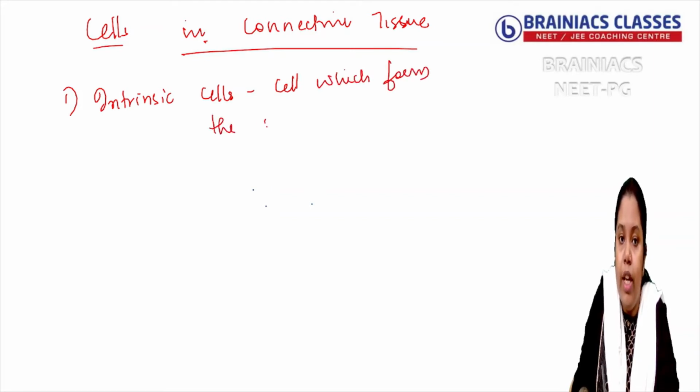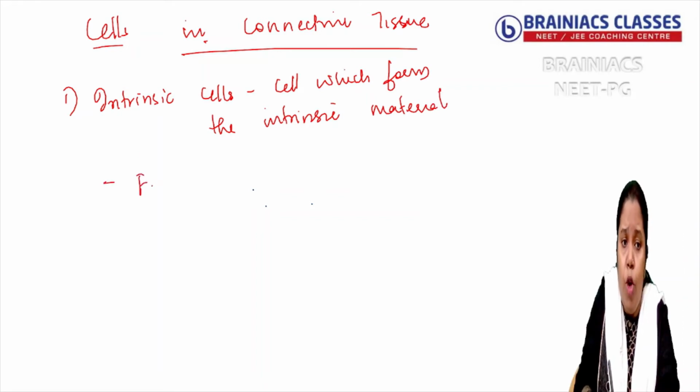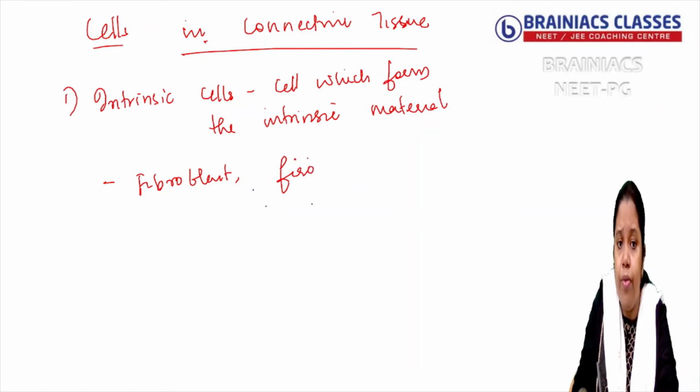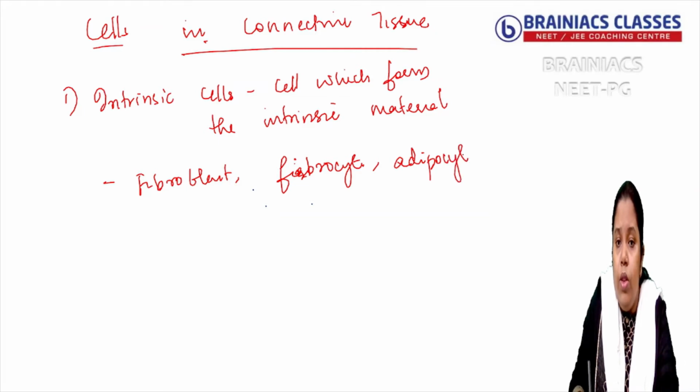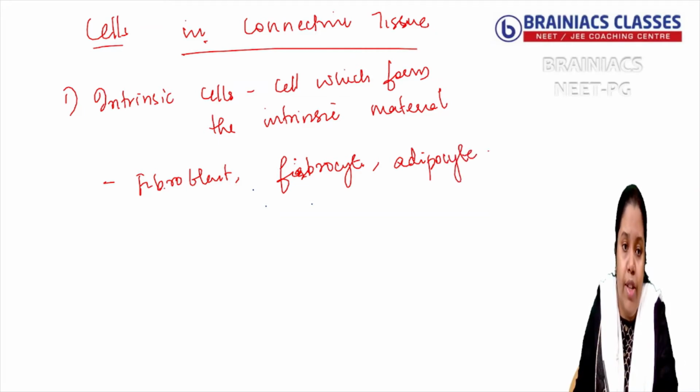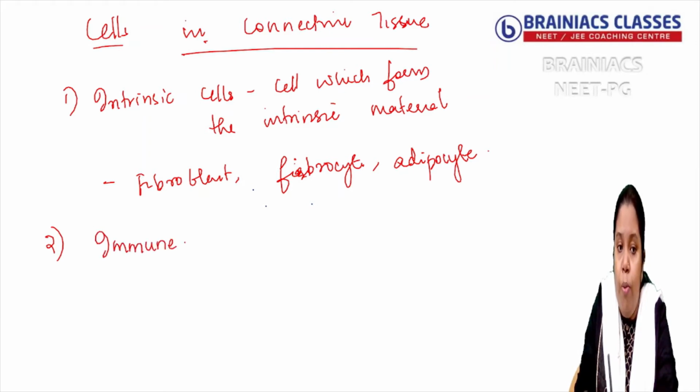This includes fibroblast, fibrocyte, and adipocyte. Then the second one is the immune cells, like macrophages and lymphocytes.